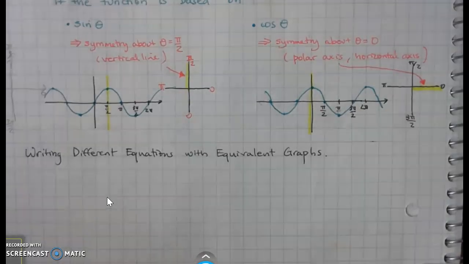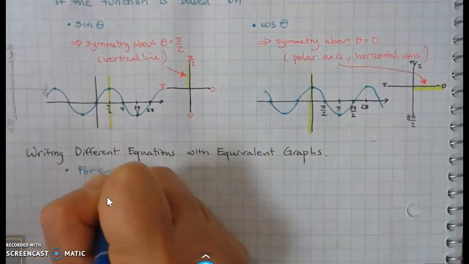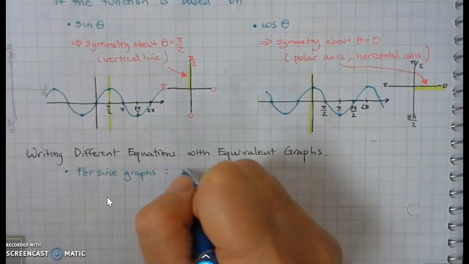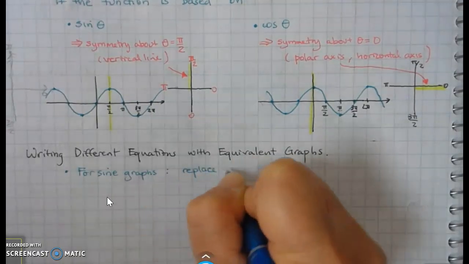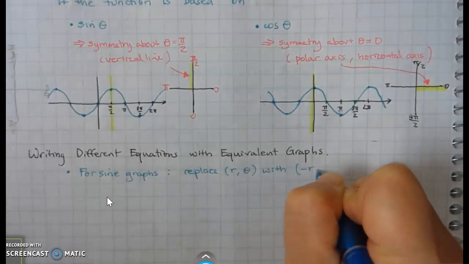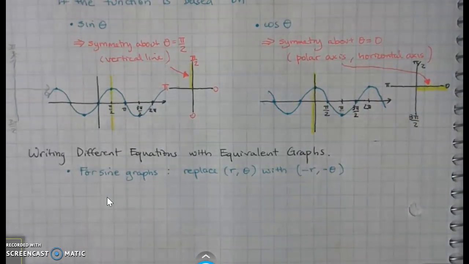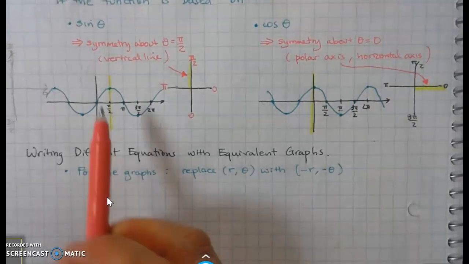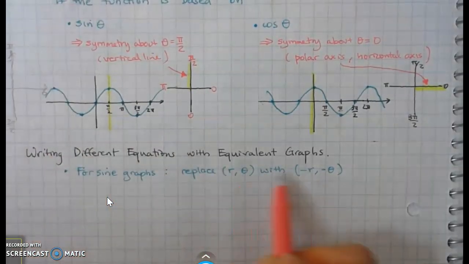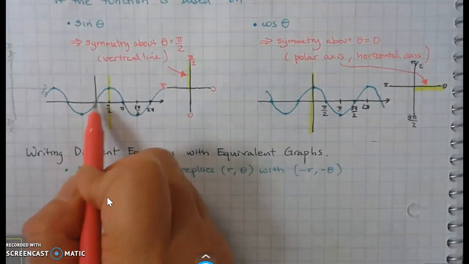if you're dealing with sine polar graphs, you need to replace r, theta with negative r, negative theta. What that means for the sine graph is you are basically looking at when theta and negative theta give an opposite value.